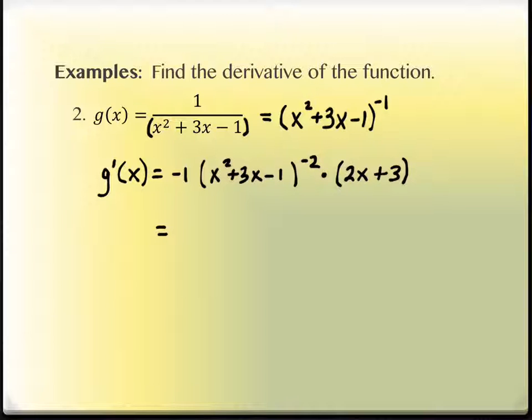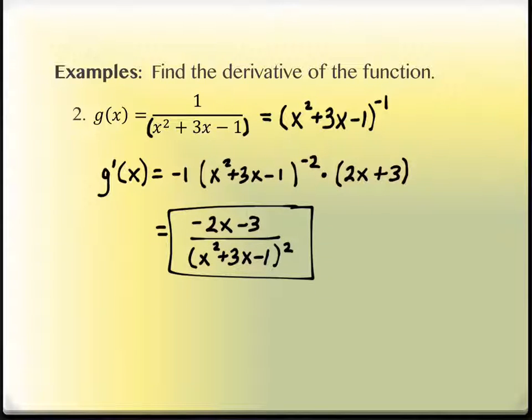And the negative that's at the beginning, combined with what's at the end, can be multiplied. So if I do all of those pieces, I end up with negative 2x minus 3 on top, and x squared plus 3x minus 1 squared in the denominator. Is everybody good with that?